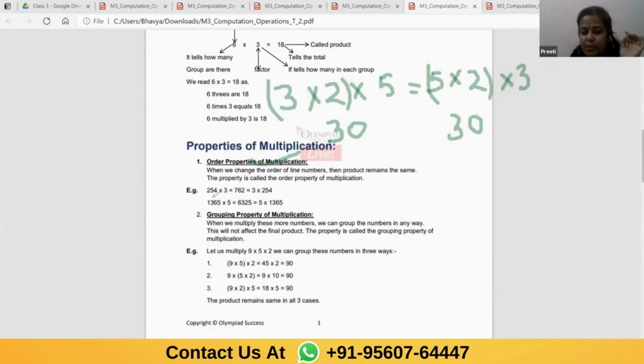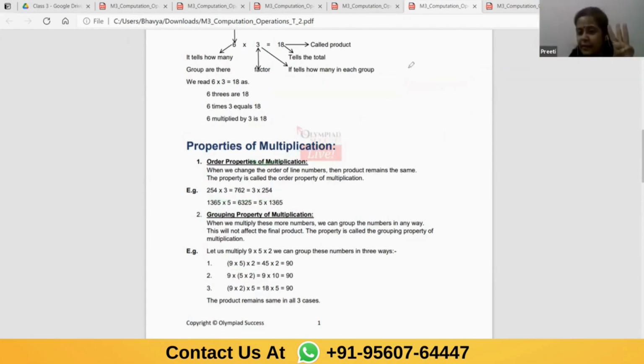In the order property we were multiplying 2 numbers; in grouping we multiply 3 numbers. That is the only difference. So even with 3 numbers, in whichever order I multiply them, the product remains the same. Clear? Let's move ahead.